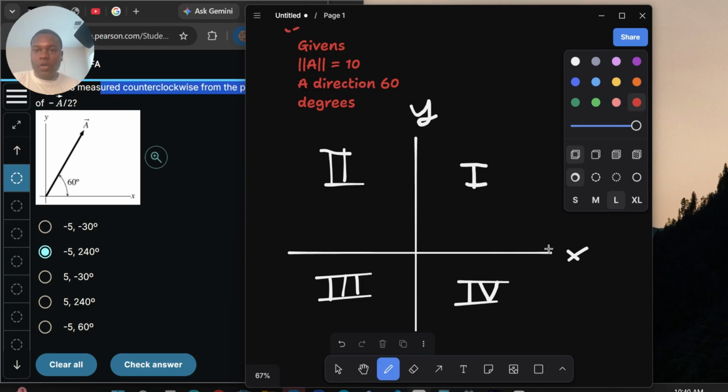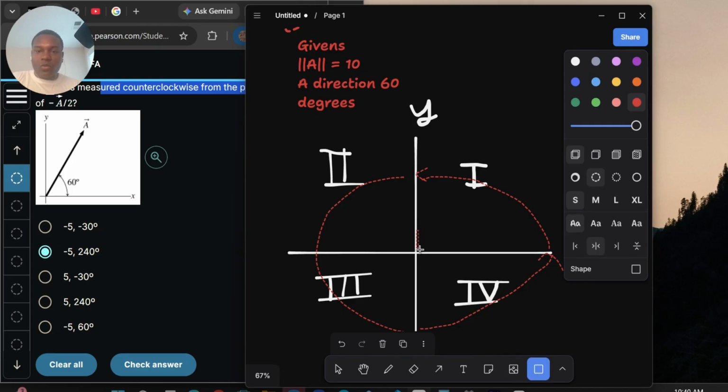So it's starting from the positive x-axis and going counterclockwise around this entire thing. Now, what we'll notice is that each of these has a right triangle, right? You have one here, here, and here.